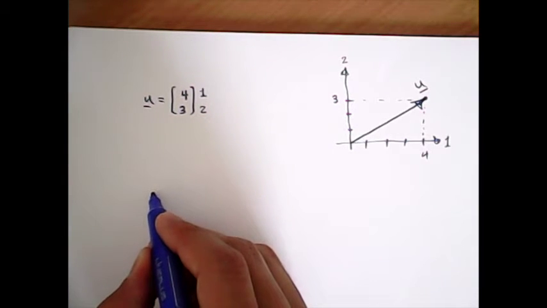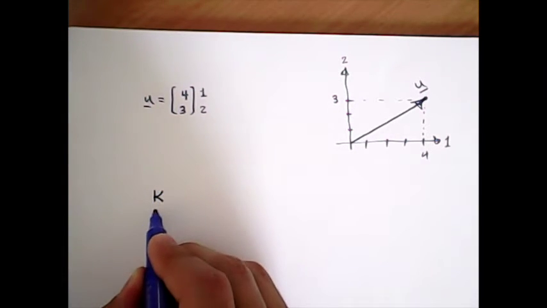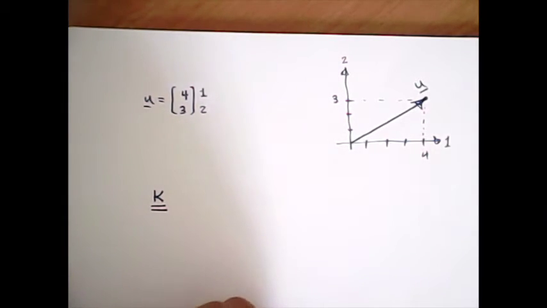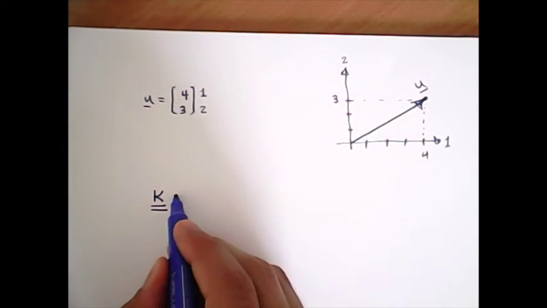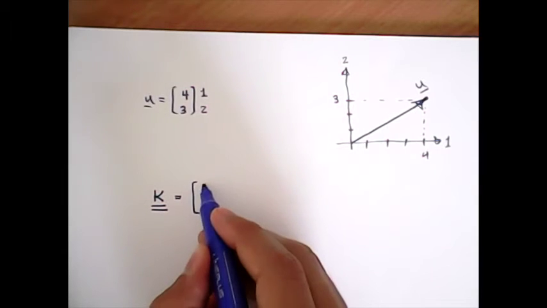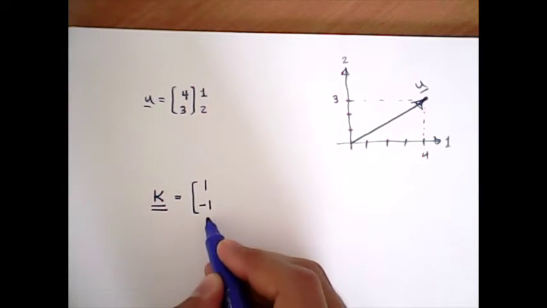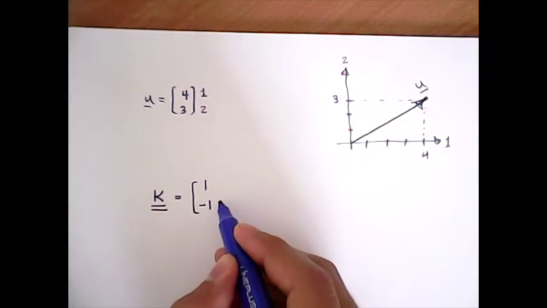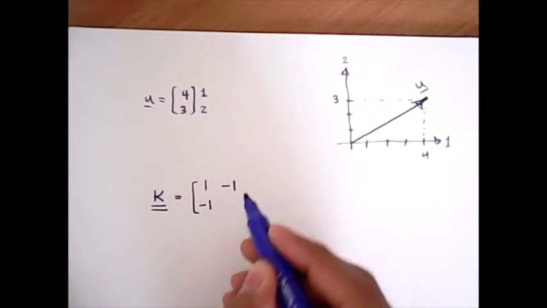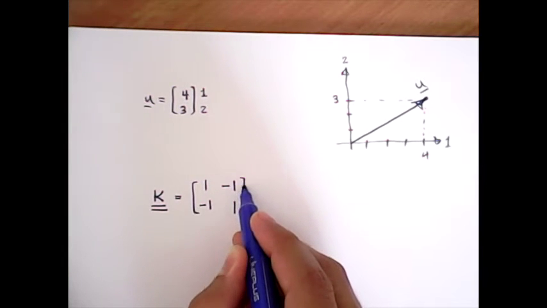Let's say matrix K. Note that the notation for matrices is capital letters with 2 bars underneath. Okay. So let's say K is equal to 1 and minus 1. See, this looks like a vector, and now we can have another vector appended to it and write down minus 1 and 1.